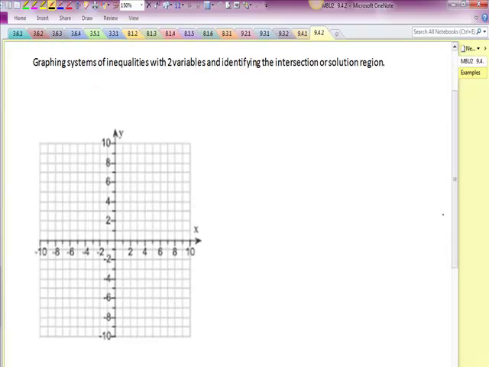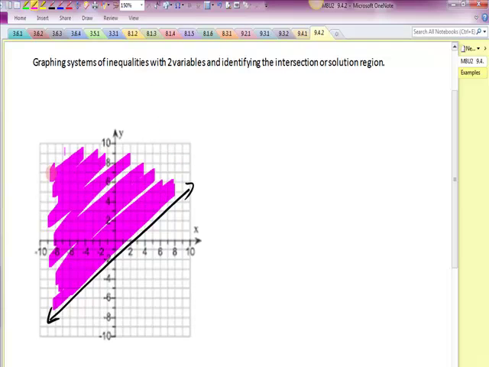I will tell you that if you had one graph that perhaps looked like this, and it was shaded maybe above. I haven't made up the problem.